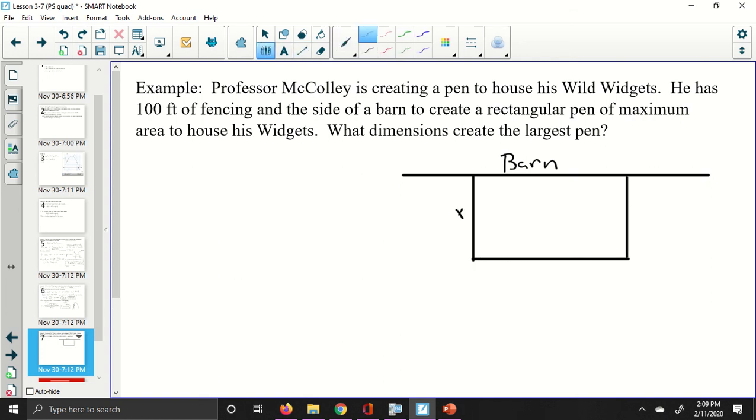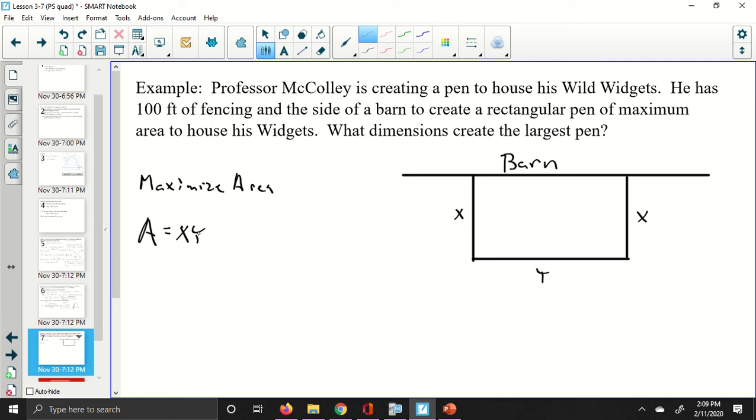And so I have X here, I have X here, and we'll have Y there. And so we're trying to maximize area. So area is just length times width, in this case XY.